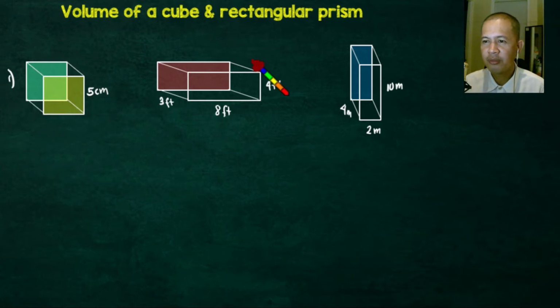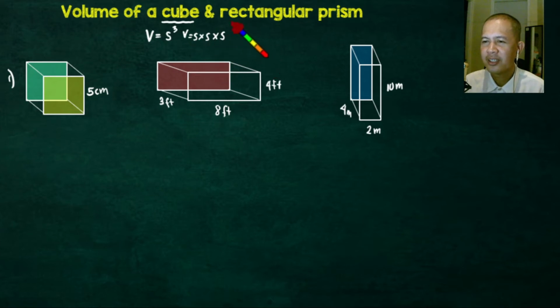And to find the volume of a cube, we're going to use the formula: volume of a cube is equal to S, or the side, raised to the third power, or S cube. Or we can simplify that as V is equal to S times S times S. You're going to multiply the side 3 times.